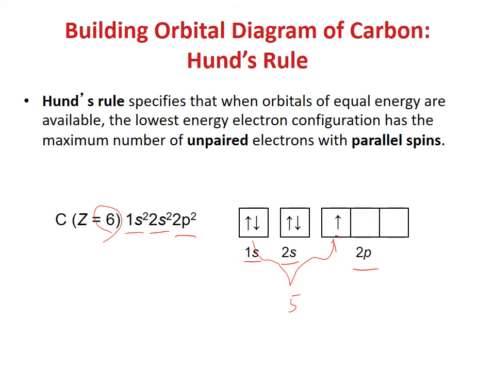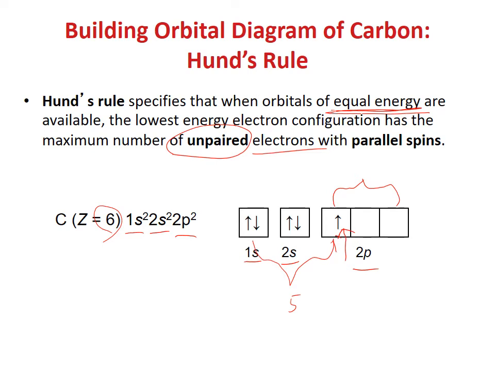According to Hund's rule, when orbitals of equal energy are available, like these 3 2p orbitals, the lowest energy electron configuration has the maximum number of unpaired electrons. So if we put the 6th electron in the left orbital with the 5th electron, according to the Pauli exclusion principle, one orbital can hold a maximum of 2 electrons with opposing spin.